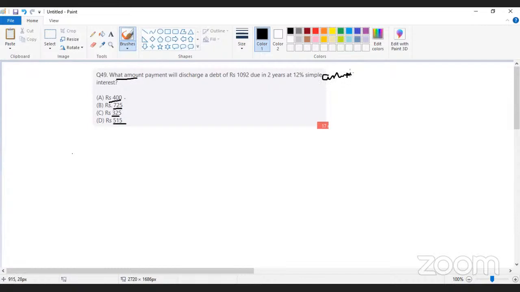It is missing. The questions are not completely clear. That's the problem. Only this is clear: what amount of payment. Apart from that, nothing else. Is it per annum? It's giving only approximation. In case the statement is missing, we are not sure.